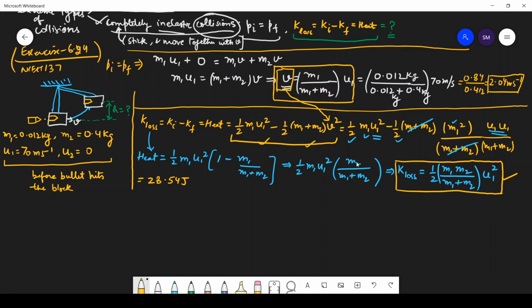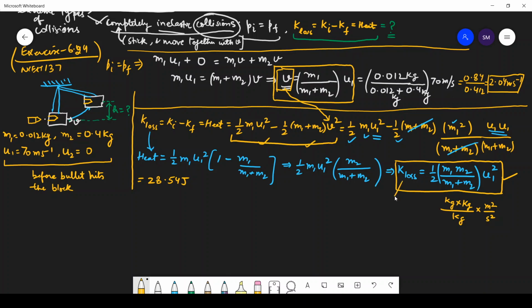Okay, now students, look here at this formula. Let us check by dimension analysis whether this formula is correct or not. See, kilogram on the upside, multiply kilogram on the upside, and then kilogram plus kilogram is kilogram. Okay, and here you have meter per second square, so meter square upon second square, right? And what is the formula you have here?